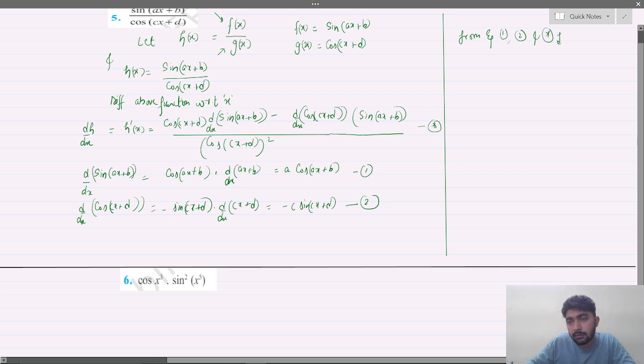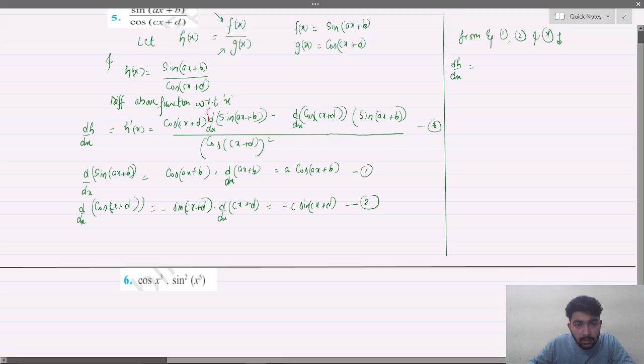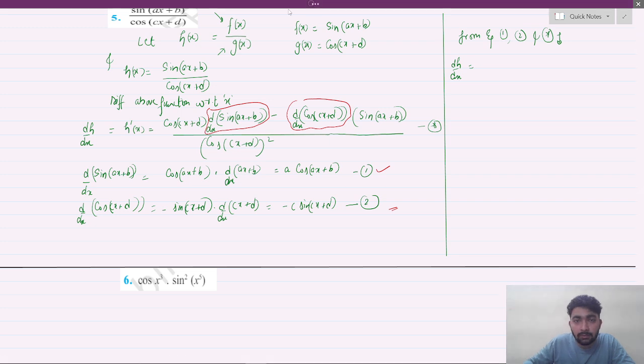What we'll do? Put first and second values in the star equation. So our dh upon dx will be the d by dx of sine of ax plus b. See, the value of this one we determine by first, and the value of this one we determine by the second.